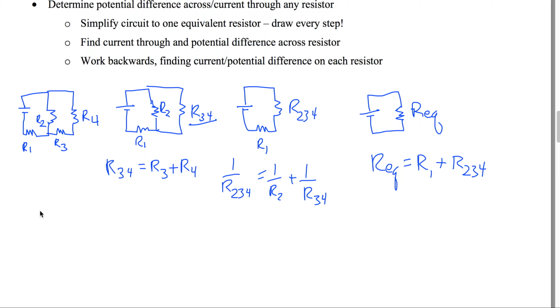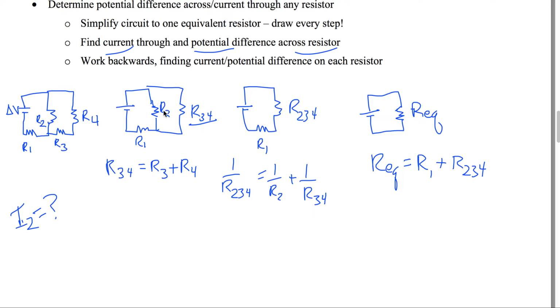What if I asked you, what is the current through R2? You're given a delta V here, but you don't want to just do delta V over R to get the current, because you'll get it wrong. You want to start at the end and find the current and the potential difference across each resistor, which will help you work backwards to the one you're interested in.